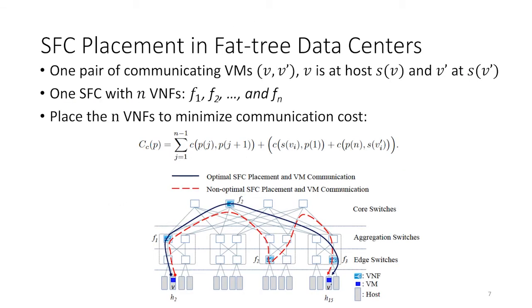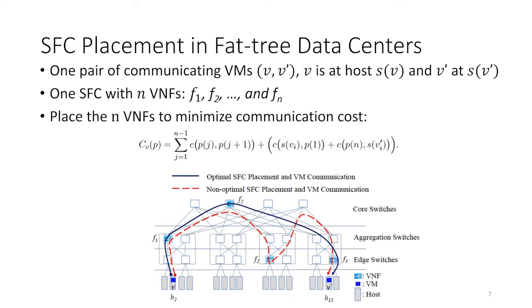The connection between SFC placement and k-Stroll can be seen in SFC placement in fat tree data centers. We used a fat tree as an example, but our algorithm is applicable to all network topologies. We start with one pair of communicating VMs with V, or the start node, at host S of V, and V prime, or the destination node, at host S of V prime.